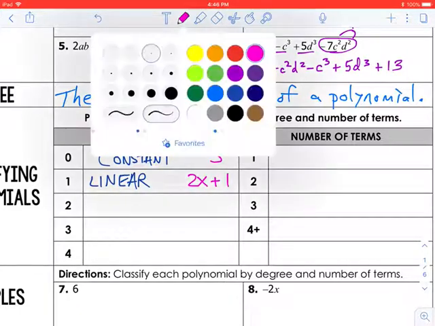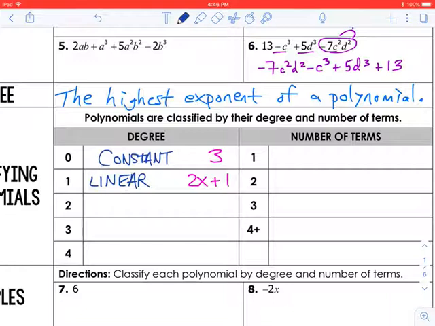Okay? Having 2 would be called a quadratic polynomial. Something like 3x squared plus 5x. Okay, that is a quadratic because of the square, x squared.